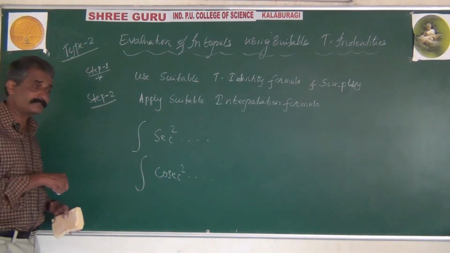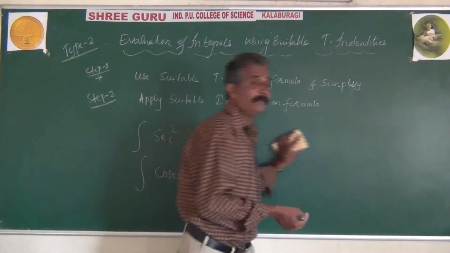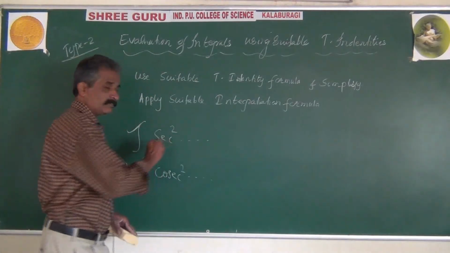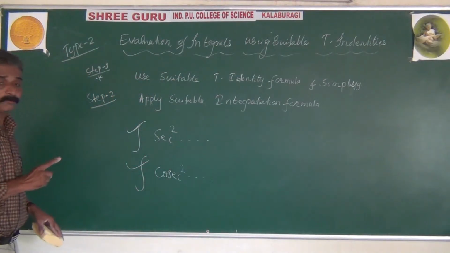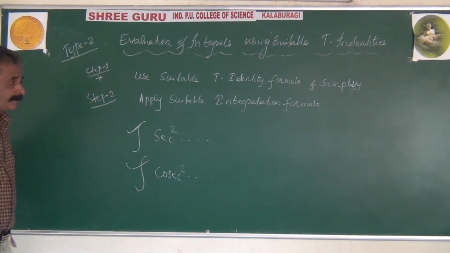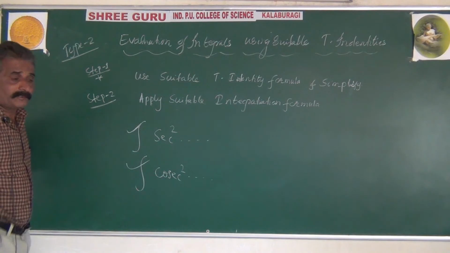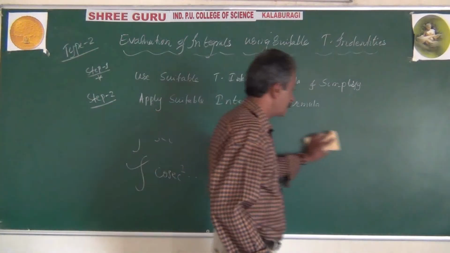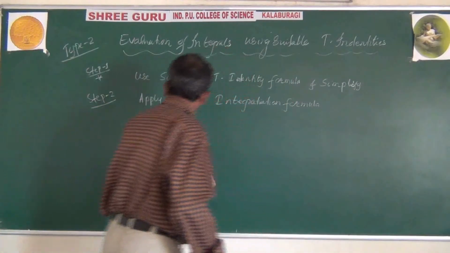You have to apply first a trigonometrical formula, then an integration formula. Only for secant square and cosec square is there a formula of integration. We need to apply trigonometrical formulas first. First problem.